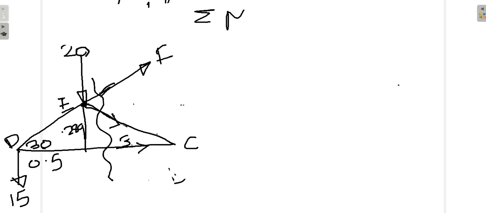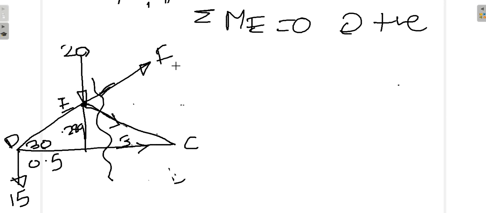So let us take moments about E with the convention of clockwise positive. 20 will have no moment about E because it is acting along E. So 15 is acting in the anti-clockwise direction about point E. So minus 15 into 0.5 plus FDC.